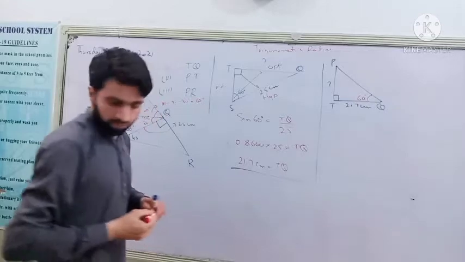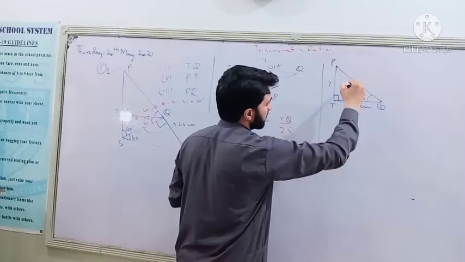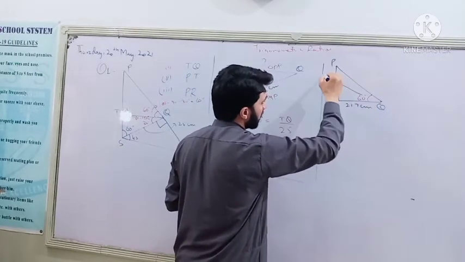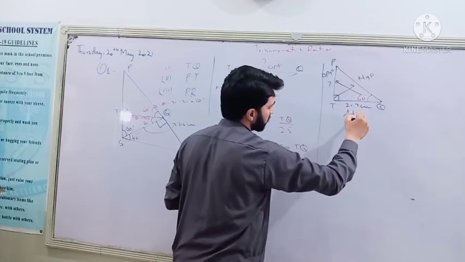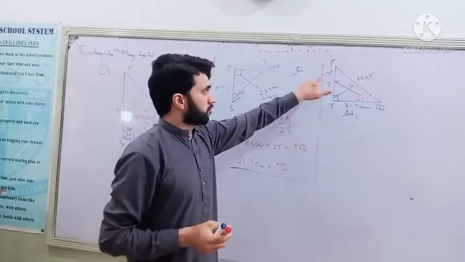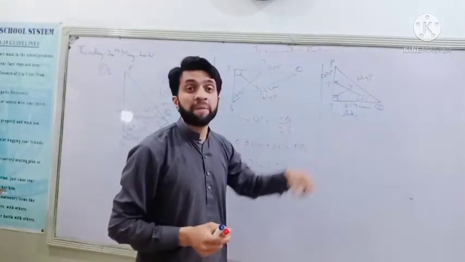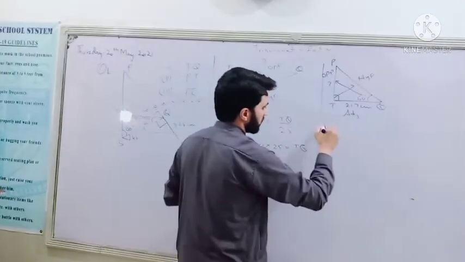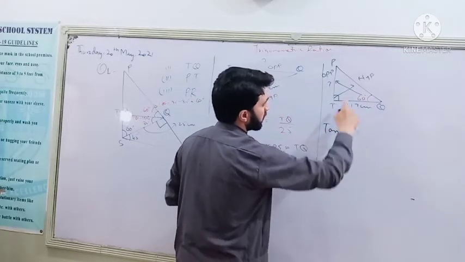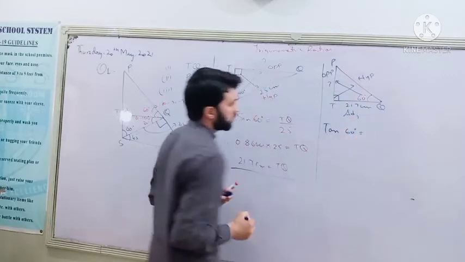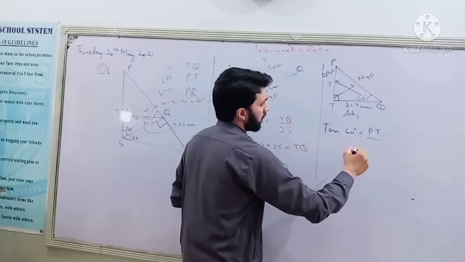Now we have to find PT, and this is opposite because it is directly opposite to the acute angle. This is hypotenuse and this is adjacent. We have to find opposite and we have adjacent, so opposite and adjacent come in tan. So you will write tan 60 is equal to opposite PT over adjacent 21.7.